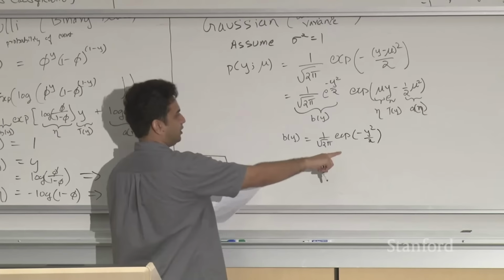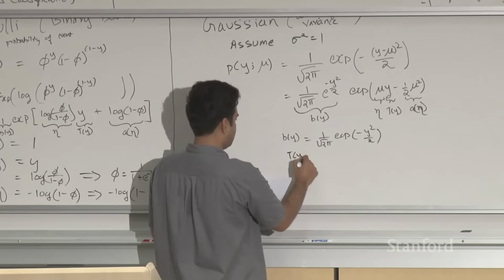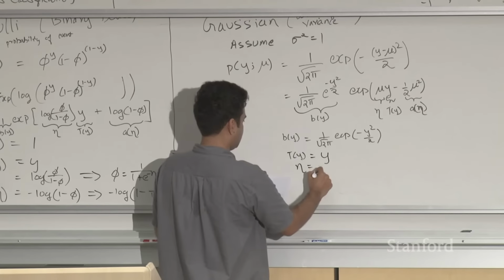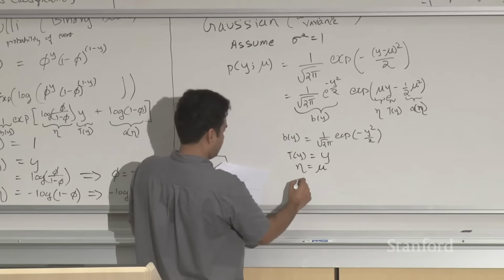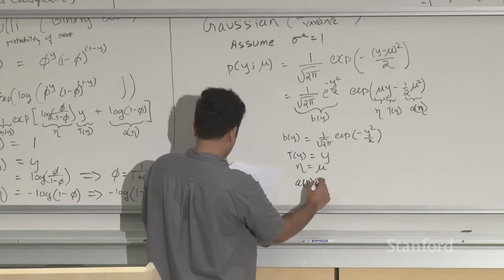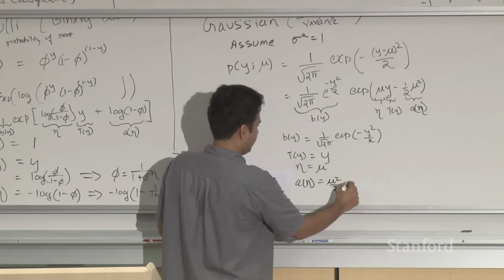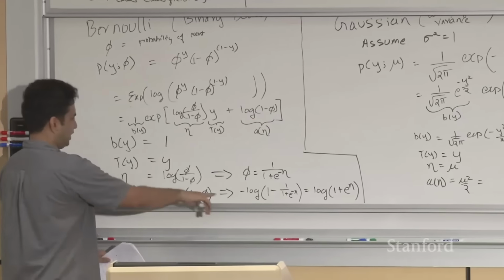Note that this is a function of only y, there's no eta here. T of y is just y, and in this case, the natural parameter eta is mu, and the log partition function is equal to mu square by 2.